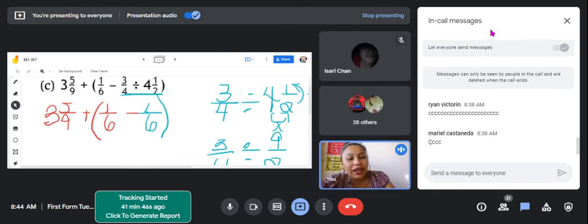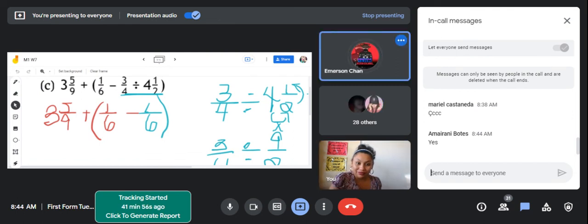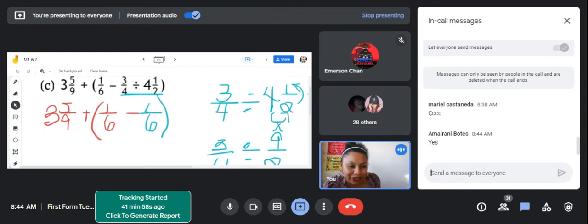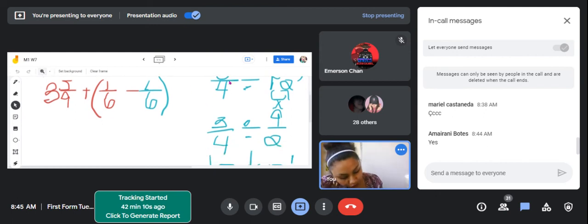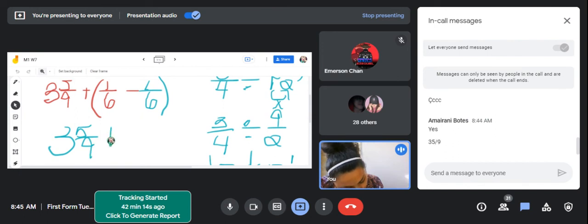So now I need to do 1/6 minus 1/6. Can you tell me the answer to that? 0. Very good. I don't have to solve anything because with 1/6 minus 1/6, I am taking away the same thing. So now this is going to give me 3 and 5 ninths plus 0.